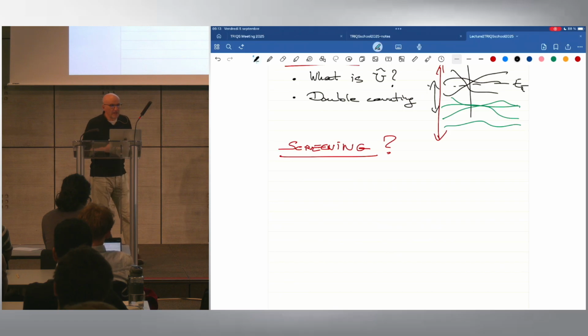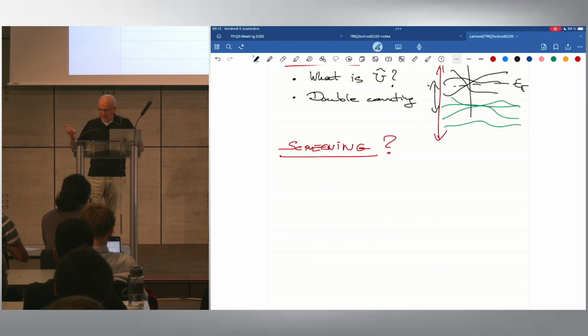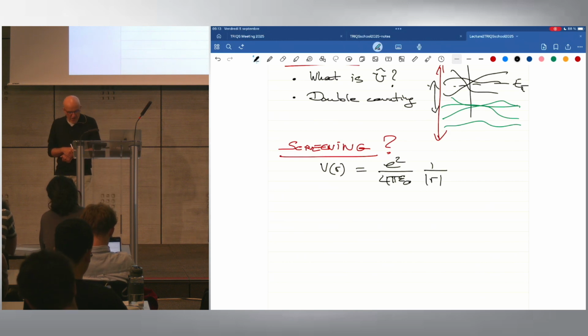If we have a charge in the vacuum, right, we all know that it creates a Coulomb potential, right? And the resulting Coulomb interaction between two isolated charges, V of R, is going to be something like, if it's an electron with charge e, e squared over 4 pi epsilon 0, 1 over R, right? Okay. Now, this is in vacuum.